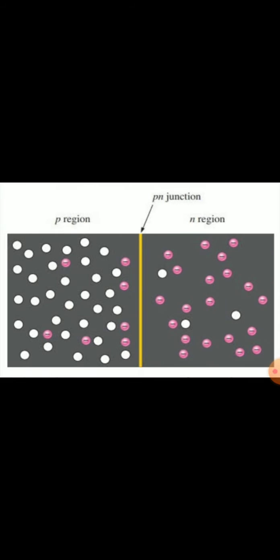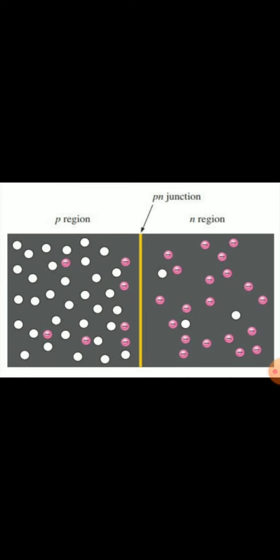Next, what are the properties of the PN junction and how is the depletion layer formed? The free electrons near the junction in the N region begin to diffuse across the junction into the P region, where they combine with holes near the junction. The N region loses free electrons as they diffuse, so it creates a layer of positive charges near the junction.